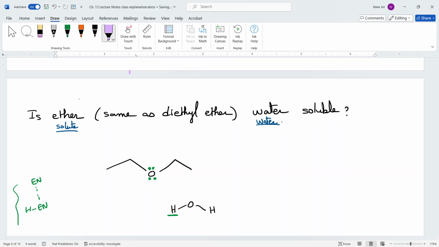So I'm going to use the hydrogen from the water, which is the solvent, and that is going to interact with the oxygen of the diethyl ether. So here I do have hydrogen bonding, and the number of carbons here is less than 5 carbons in the solute. So this means that yes, ether is water soluble.